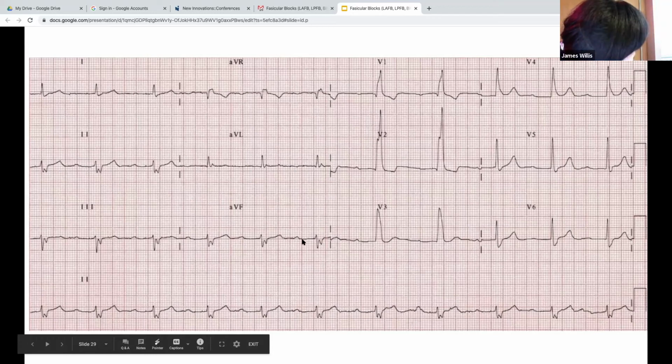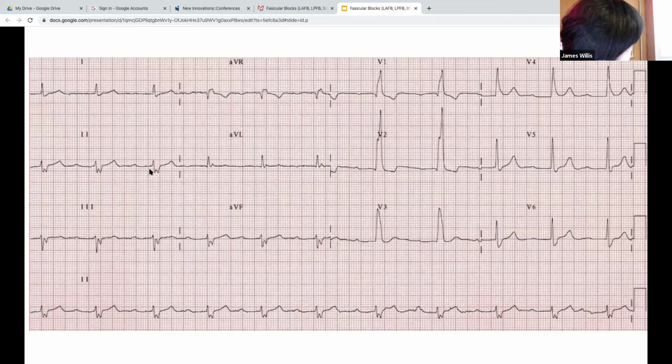It's a little bit more subtle to look at the axis on these because the QRSs aren't as typical, aren't as nice and well defined. But you can tell that these are more negative overall. There's more space under the curve and over the curve in the inferior lead, and vice versa in the lateral leads. So you do have a left axis deviation.